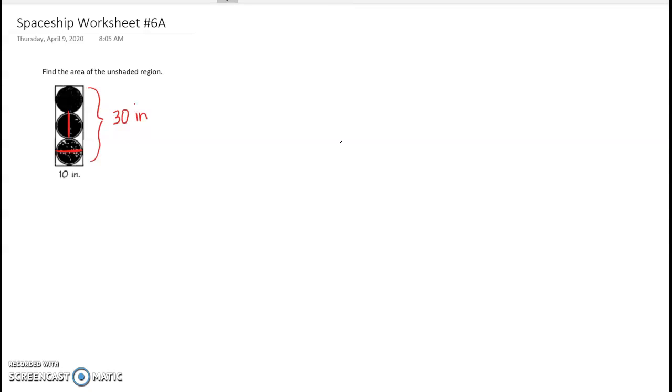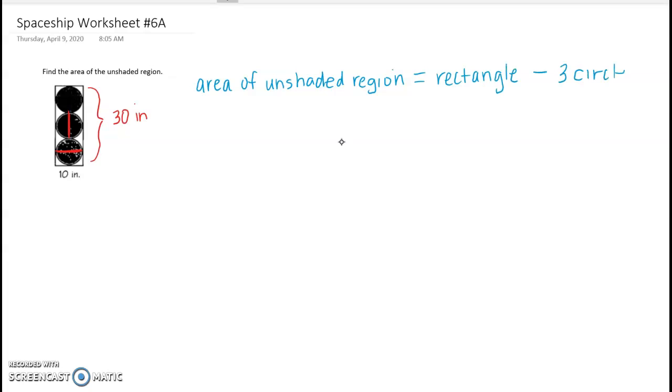So to find the area of the unshaded region, I'm going to take the rectangle and I'm going to subtract the area of the 3 circles. So I think that my area is going to be, the rectangle is 10 multiplied by 30.